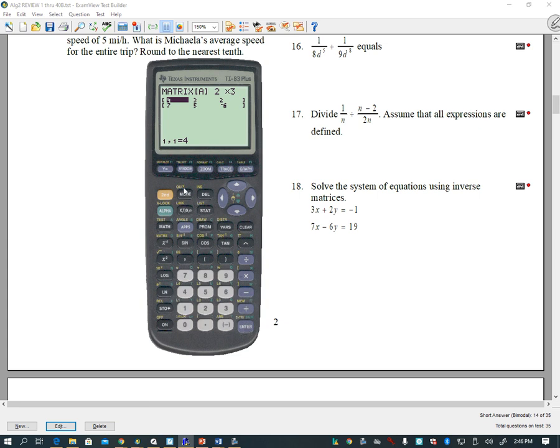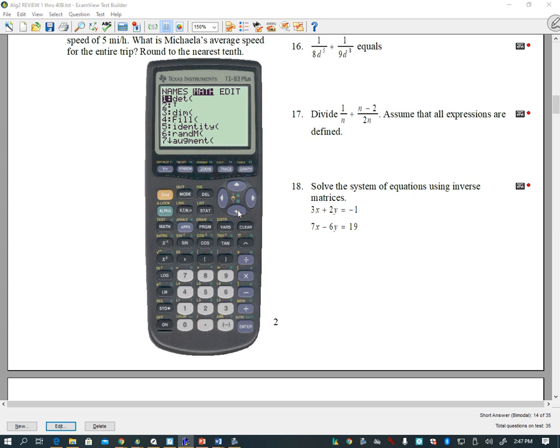Okay, so what are the numbers that I'm going to put in across that top row? 3, good. 2, -1, good. Okay, now 7, -6, 19. Good. Okay, do you know what to do next? Okay, so we hit second mode to come out, second matrix to go back in, and I'm going to go over to math.